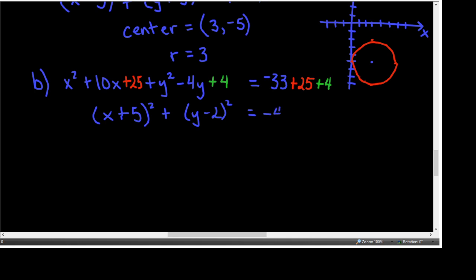Oh, well, that's impossible because 2 perfect squares added will give a non-negative answer, never a negative answer like -4. So because -4 is less than 0, there will be no graph, or there'll be no circle.